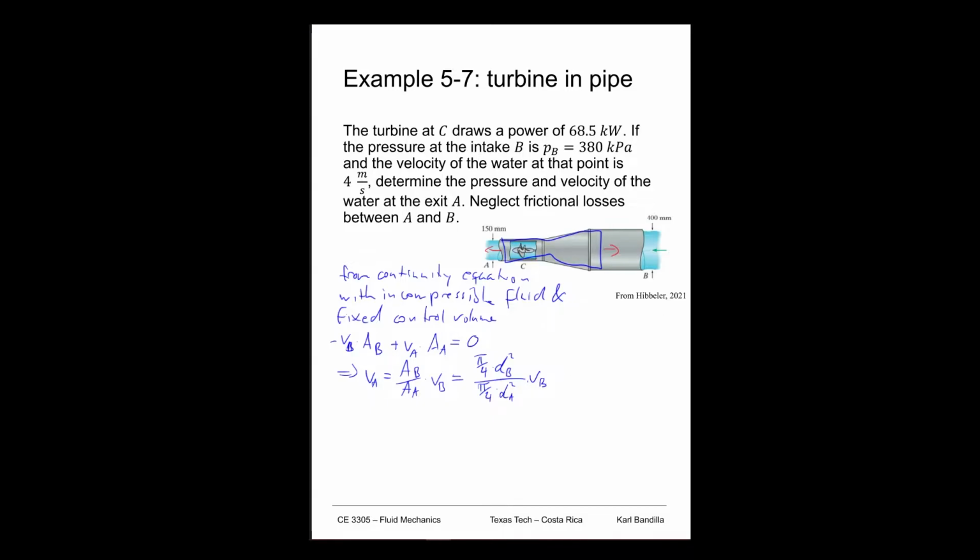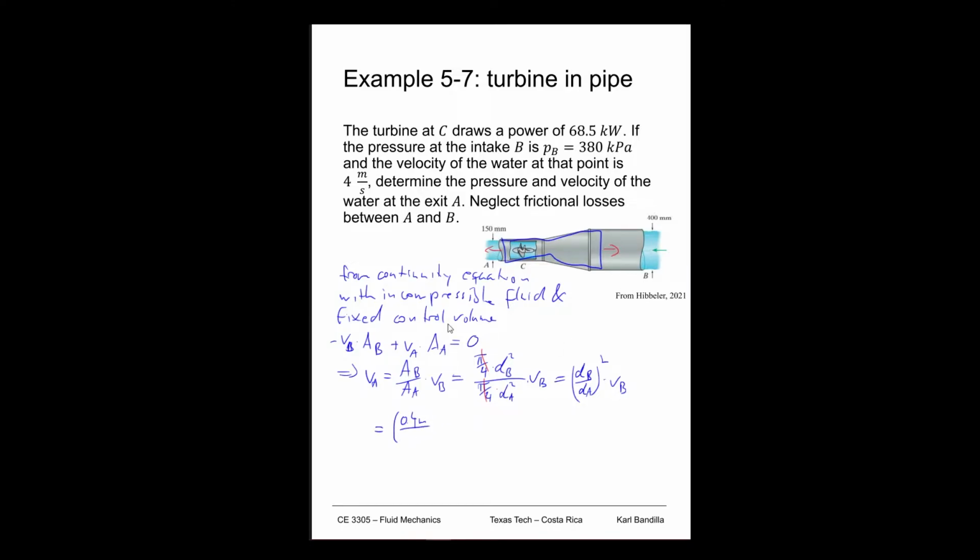So the pi over 4 cancels out, and we can pull the diameters together, so we can say that would be dB over dA squared times VB. And so if we plug in our numbers, then our dB is 400 millimeters, so 0.4 meters.